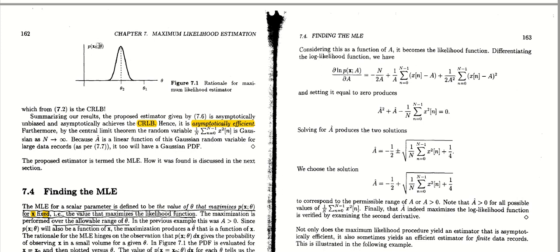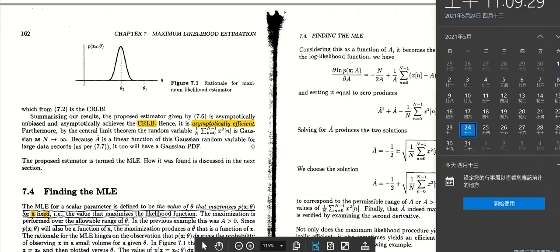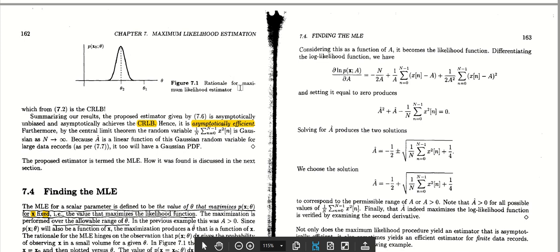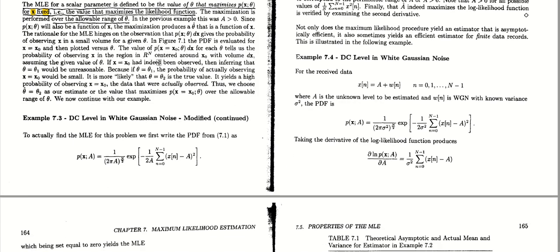It's a function of theta, observed over the domain of theta, and then we would like to find a theta that maximizes this function. Then we will think of it as the maximum likelihood estimator for theta. Okay, so that's the idea.